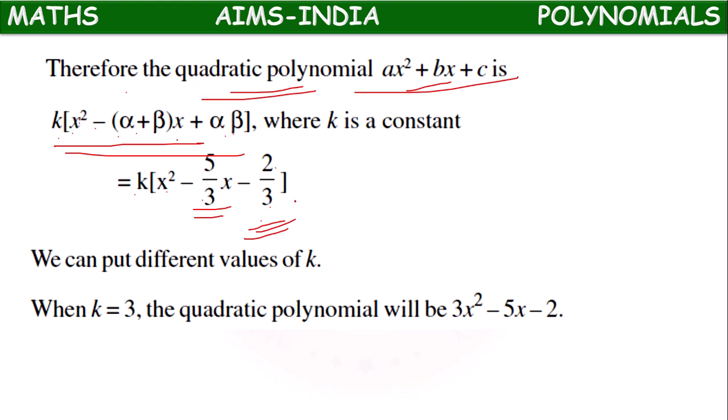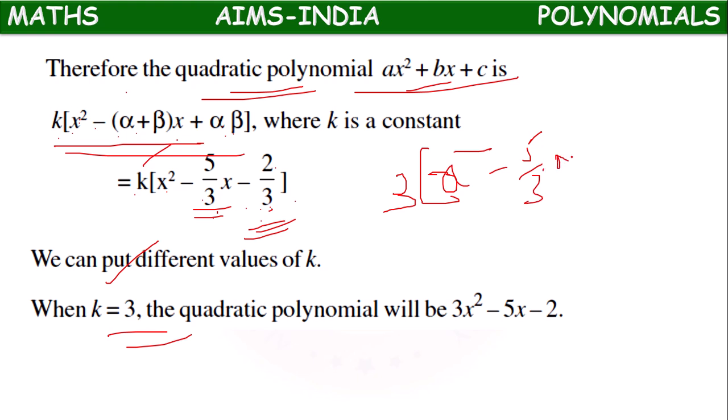Because here 3 is there, in the place of k we can take any constant. For cancellation of 3 we can keep 3 value here. So in the place of k we can keep 3. Then it will become 3 into x square minus 5 by 3 into x minus 2 by 3.